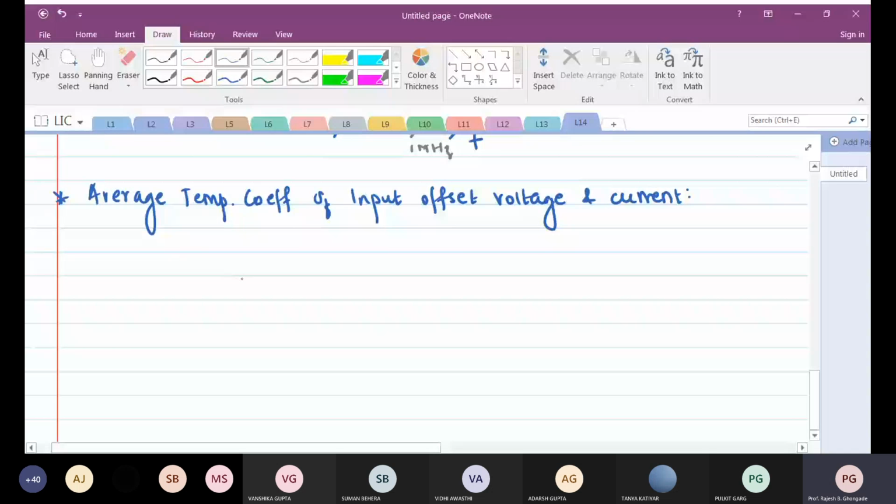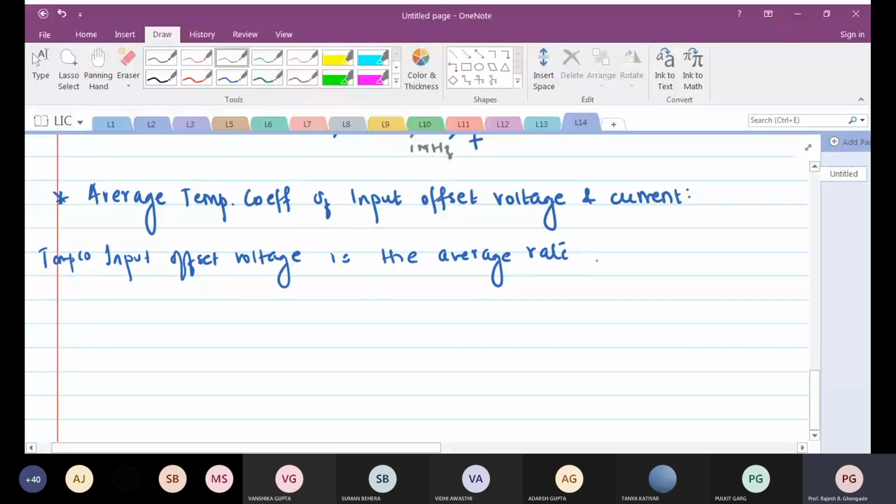It is the average rate of change in input offset voltage per unit change in temperature.